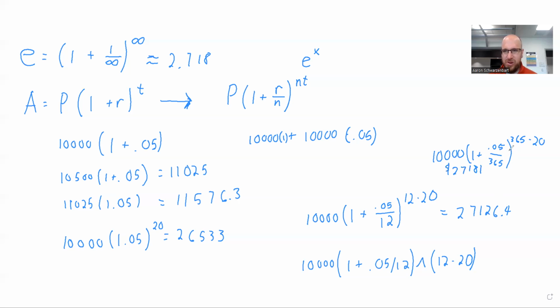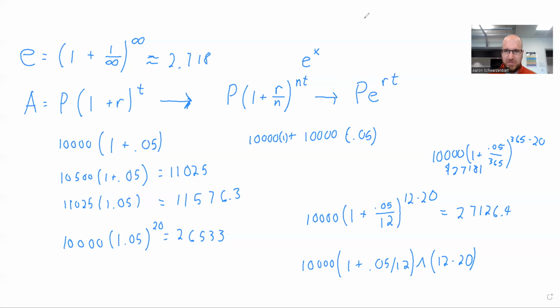So if daily is even better, what about minutely? Secondly, continuously. So continuously uses this formula. And it's kind of using e in place of these. And it's moving the r up here.